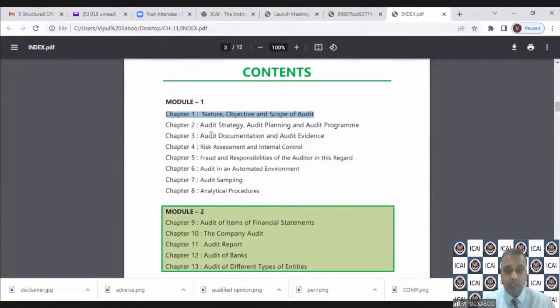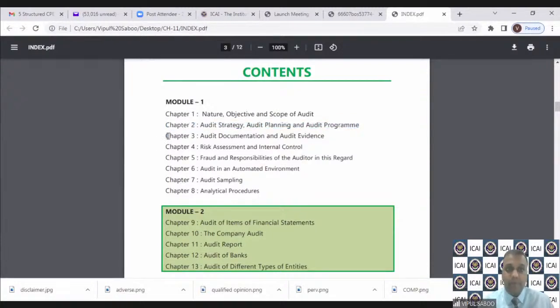Then came chapter 2, audit strategy, audit planning, and audit program. So we started moving deeper into audit. How do we strategize? How do we plan for an audit? And the procedural part, the audit program. All the intricacies of each and every term, each and every aspect, right?